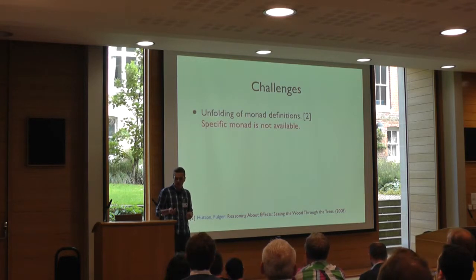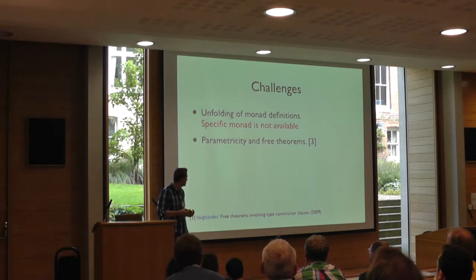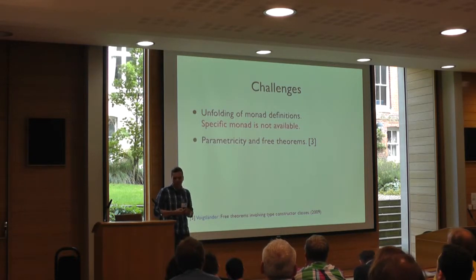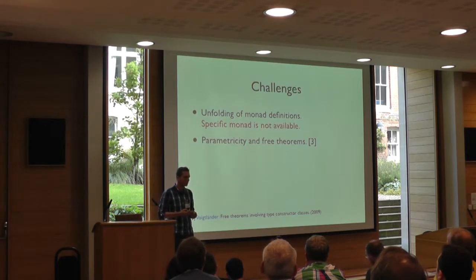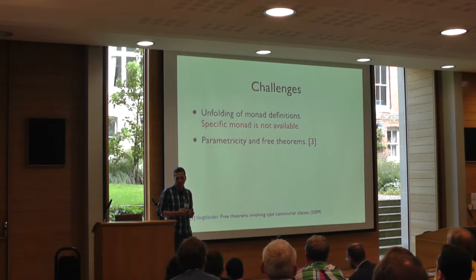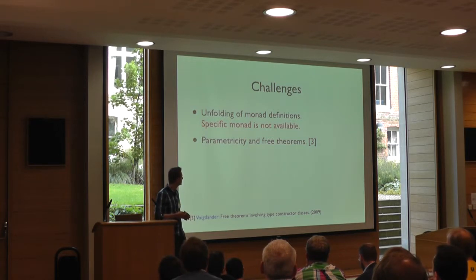Another thing, if we've got monad polymorphism with parametricity results for it, then we can derive free theorems. Specifically, Keuchel has a paper about deriving free theorems for type constructor classes such as monad.